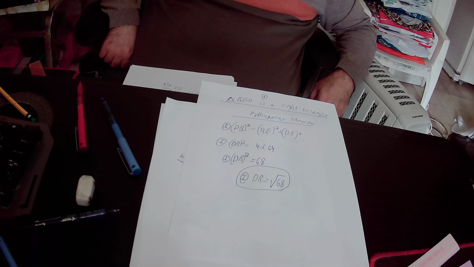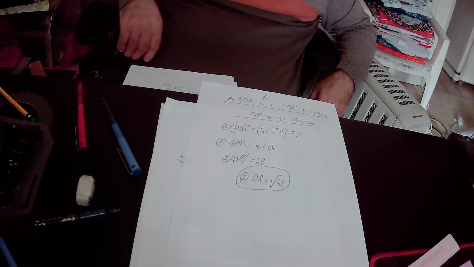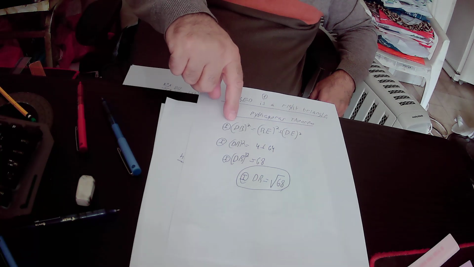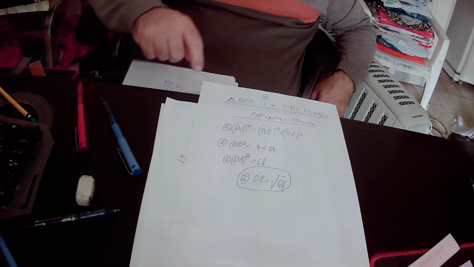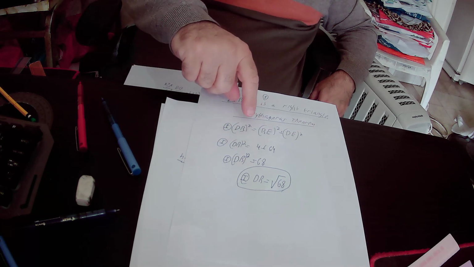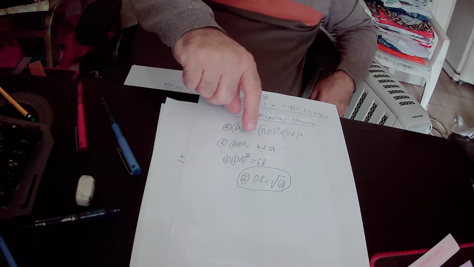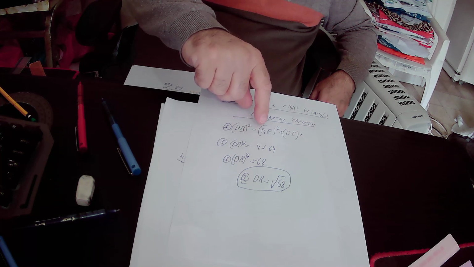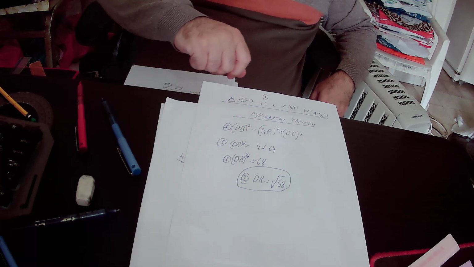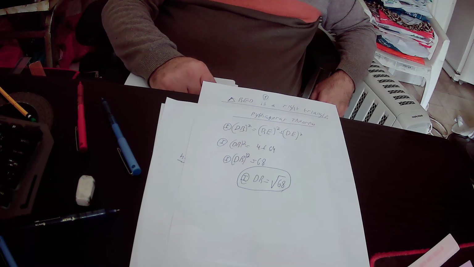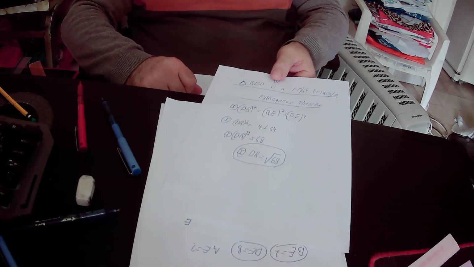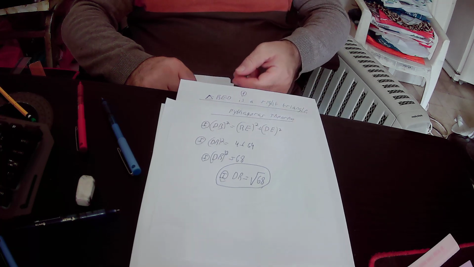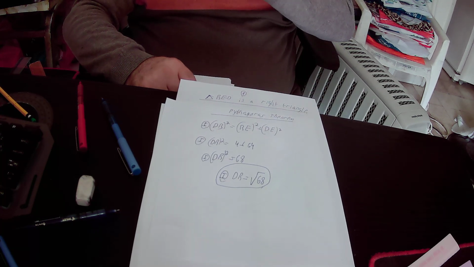So the square of the hypotenuse equals the sum of the squares of the perpendiculars, and we will get that BD square equals BE square plus DE square. BE equals 2, so BE square is 2 squared, that is 4. And DE equals 8, so 8 squared is 64.